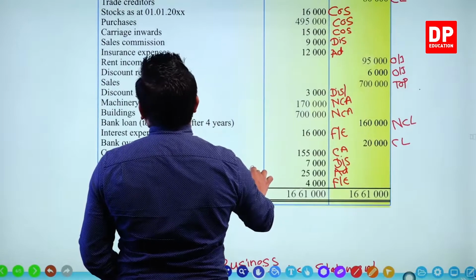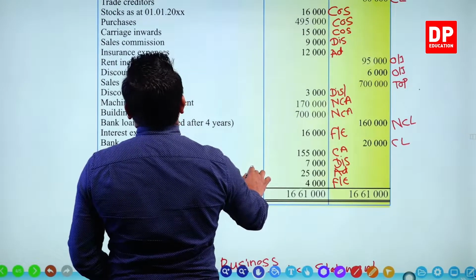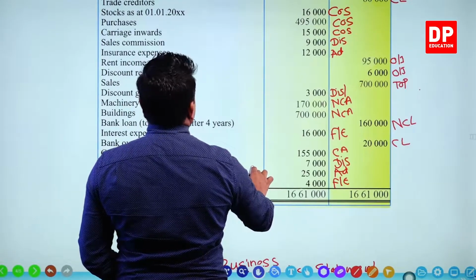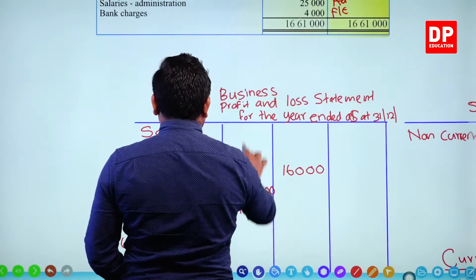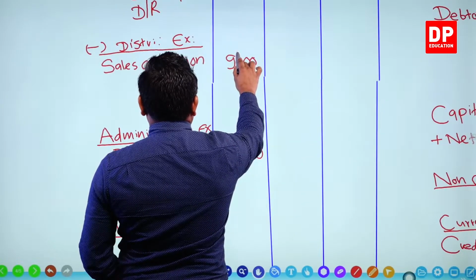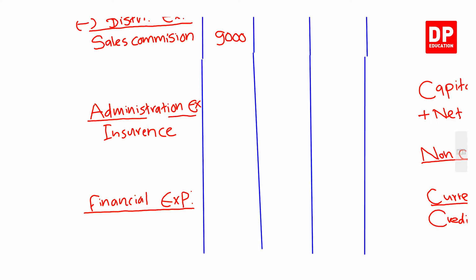Check it again. No, not 15,000. Insurance how much? 12,000, right? Insurance 12,000.